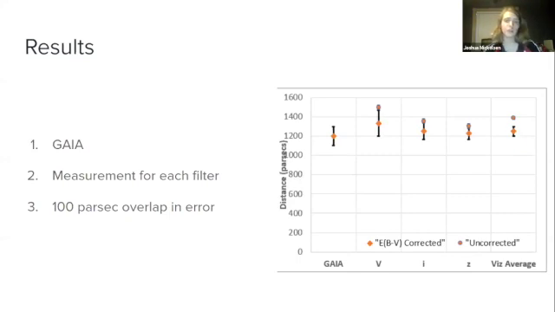When we measured it ourselves, we had 4 different filters that we used because sometimes you get different results from different filters of light, and some are more accurate than others. But when we used our results for our filters, we found that there was around 100 parsecs in overlap, which I know seems significant, but when you're talking about galaxies, that's not too bad.